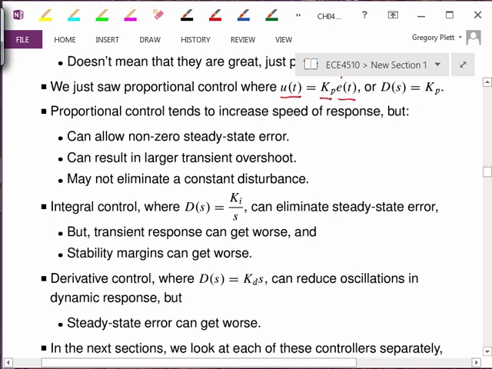Proportional control tends to increase the speed of response. So rise time tends to be faster than it was before, but it can also allow non-zero steady state error to persist if it was there with open loop control. It can result in a large transient overshoot, as we saw at the end of the last section, and it might not eliminate a constant disturbance.